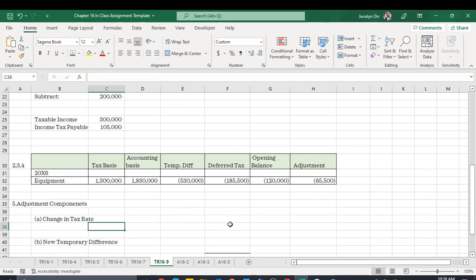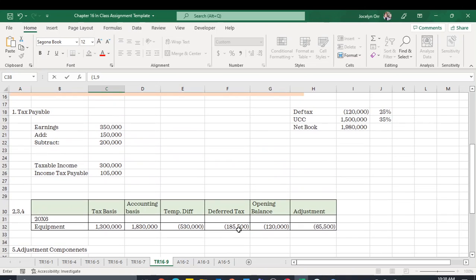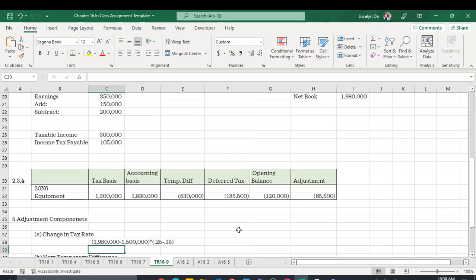So in order to figure this out, to look at the change in the tax rate, we want to look at the difference between our net book value and our UCC, and we want to multiply that by the difference in our tax rate.